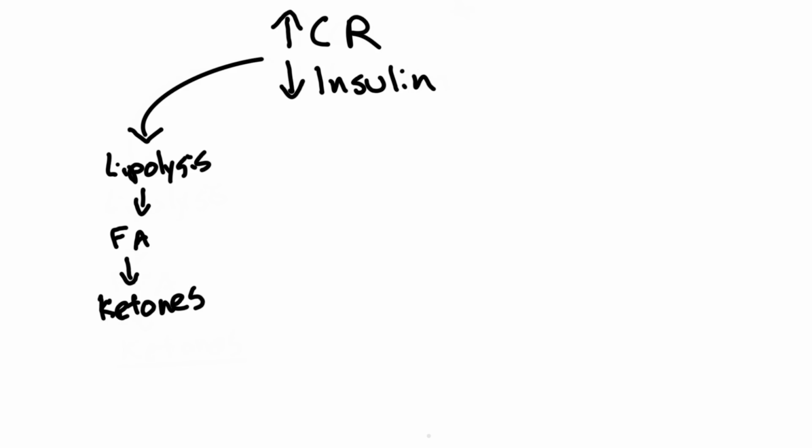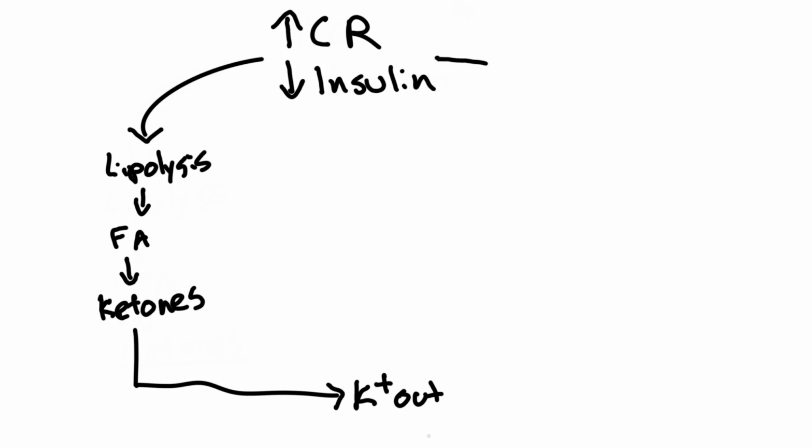Now, it is these ketones which create the acidemia and create many symptoms of DKA, specifically the nausea, vomiting, abdominal pain, fast breathing. And it is this acidemia which causes the shunting of our potassium out of cells.